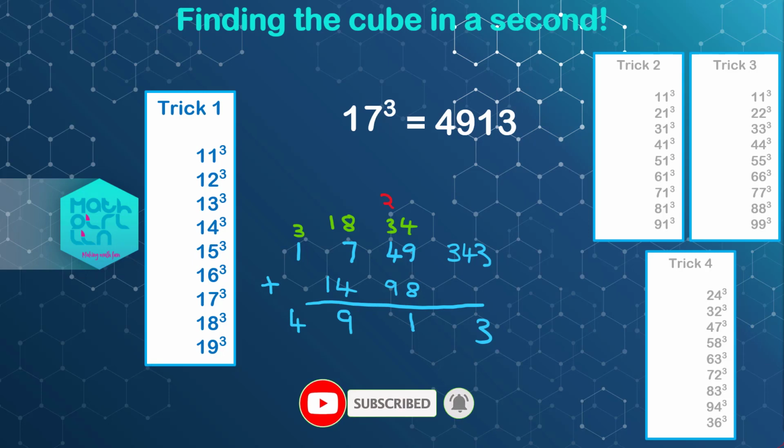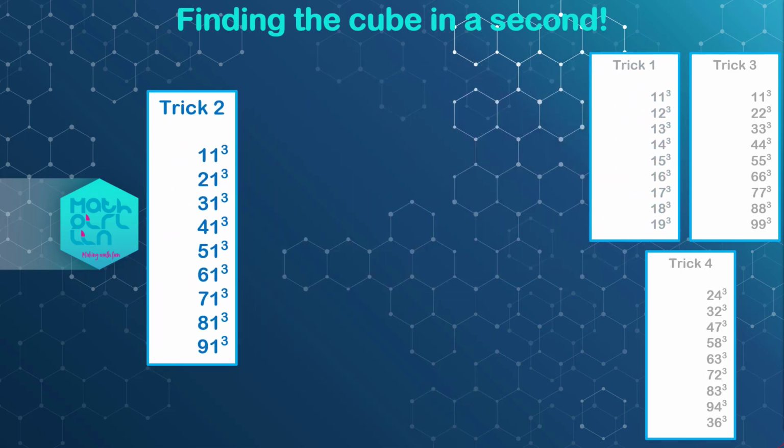Now we look at the second trick for these sets of numbers. I'm not going to spend too much time on this one because it's exactly like the first trick with one difference. We write the numbers from right to left. Let me show you. Let's take 31 cubed. We write the 3 and 1 as is. Now we go backwards.